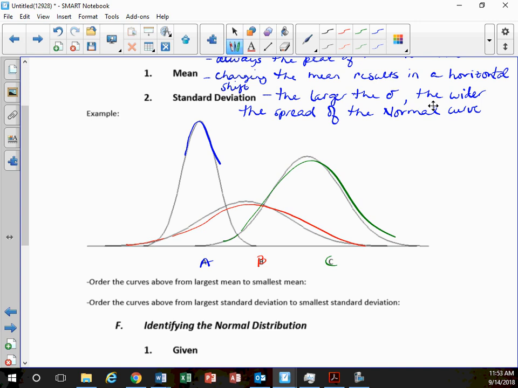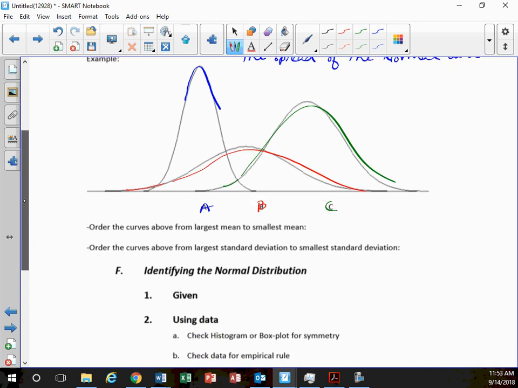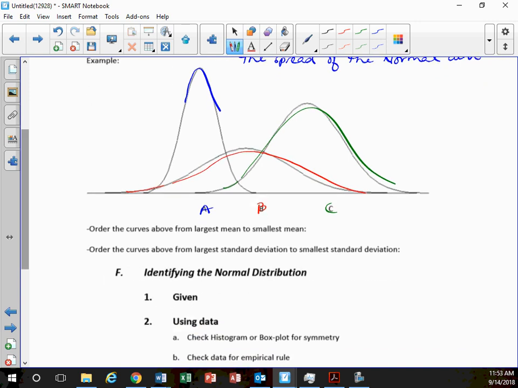Okay. All right, so using A, B, and C, I want you to answer these two questions. You're going to order the curves from the largest mean to the smallest mean, and then from the largest standard deviation to the smallest standard deviation. Okay?